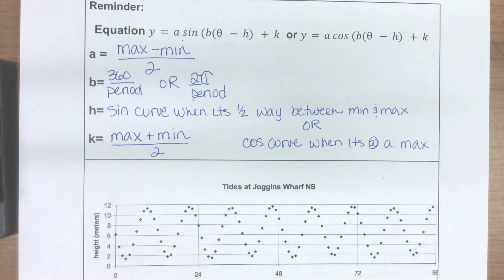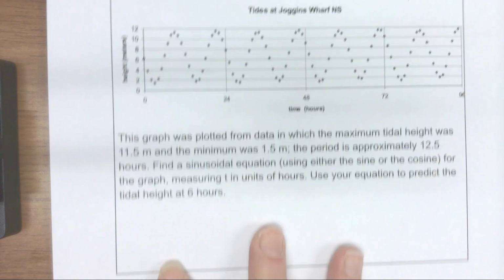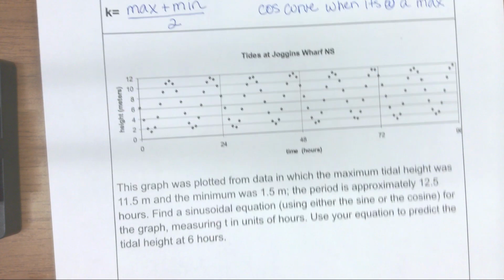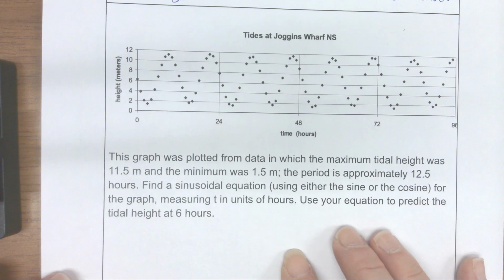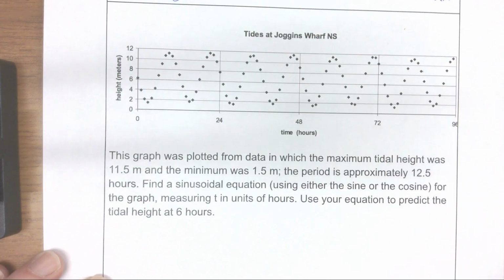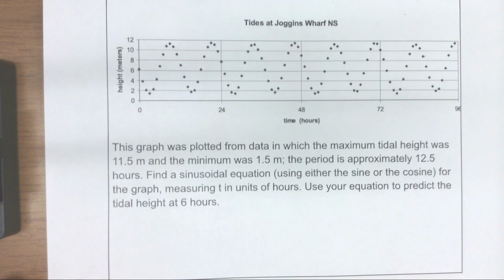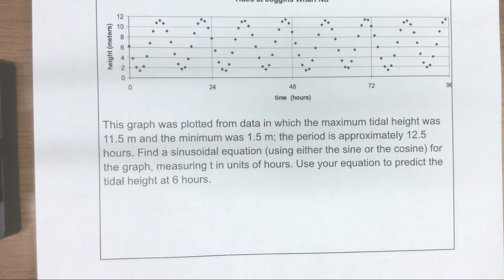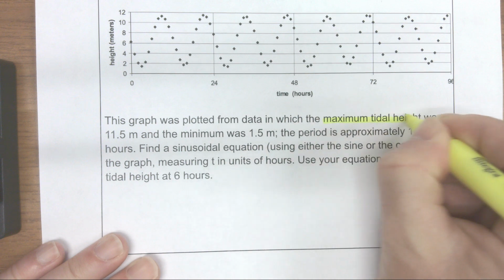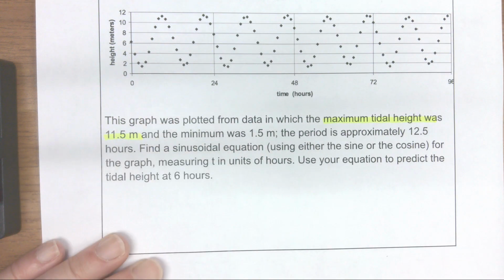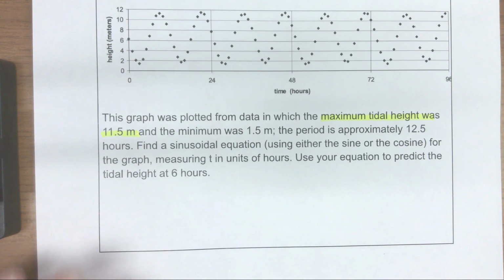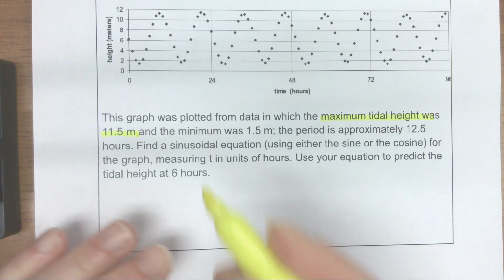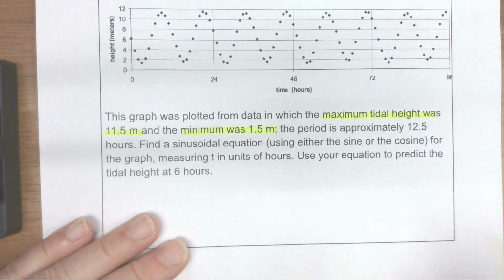Also, highlighters are our friend here because we're going to have to kind of look at some information. Okay, so let's take a look at this scenario. I have a nice graph with it. Sometimes I'll just give you the words so you can kind of see that sine curve. This graph was plotted from data in which the maximum tidal was 11.5 meters, okay? And the minimum was 1.5 meters.